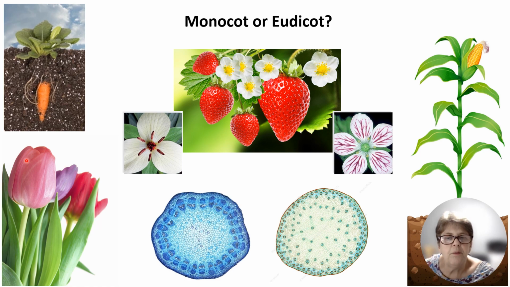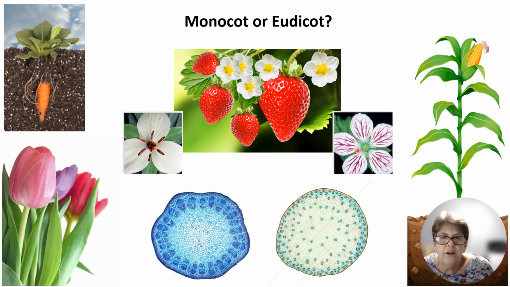And you can't really pull off the petals in this and count those in the picture. And how about this right here? Multiples of 3, I'm going to say monocot. And also the veins are parallel. But what about this one here? Eudicot or dicot. Here's 5 petals and it has netted leaf veins.